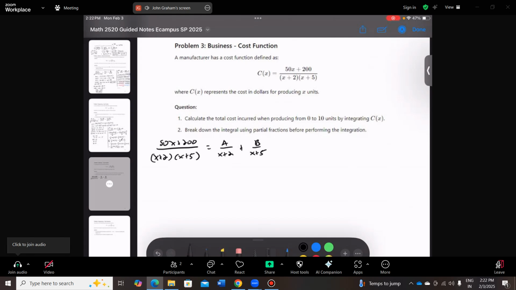Multiply by the common denominator, you get 50x plus 200 equals a times x plus 5 plus b times x plus 2.